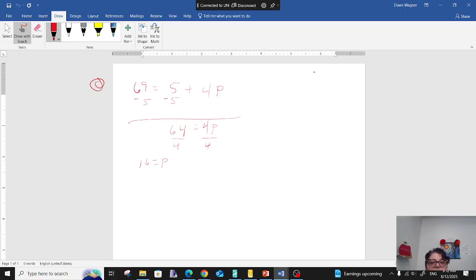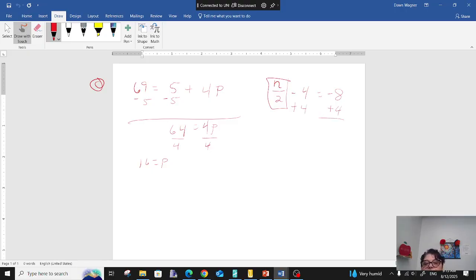Good. Now, for number 2, n divided by 2 minus 4 equals negative 8, right? Okay, I start on the side with the variable. Here's the variable. I'm going to have to get rid of this minus 4. How do I get rid of a minus 4? Plus 4.